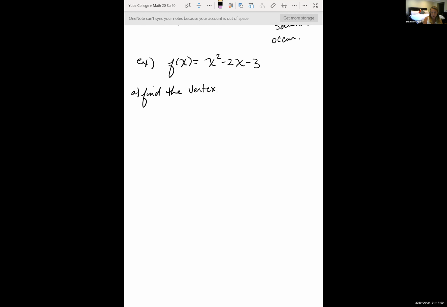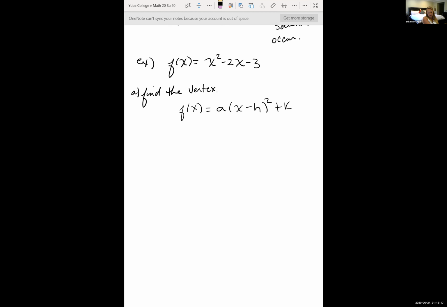So that means that we want to put it in the form of trying to manipulate this equation to look like some coefficient A all times x minus h quantity squared plus k. So notice that's a perfect square in there. And so we need to manipulate this f of x so that it has a perfect square.